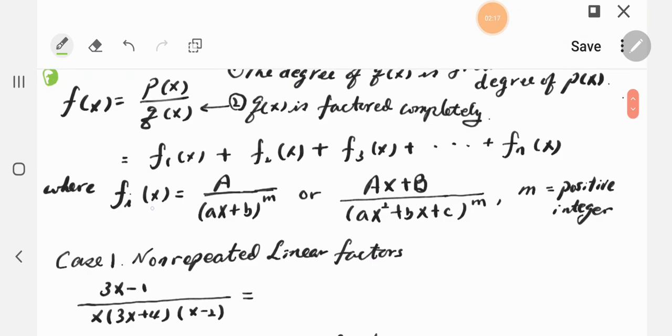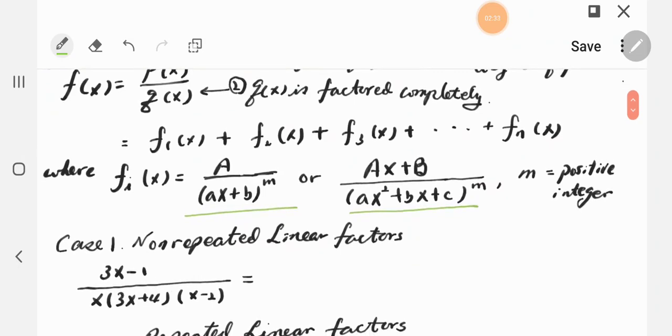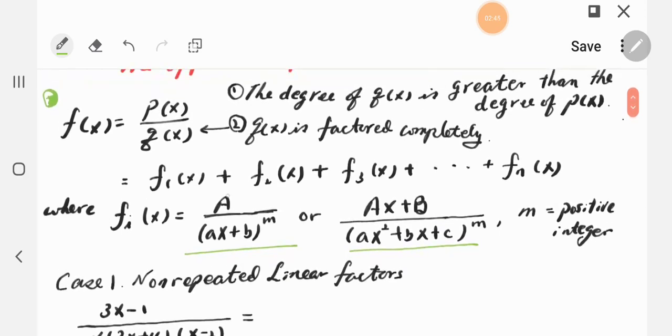So f of x can be in this format: the base is linear, raised to the mth power, and the base may be quadratic, raised to some power. m is a positive integer, so m can be 1, 2, 3, and so on. The degree of the numerator is always less than the degree of the base of the factor in the denominator.